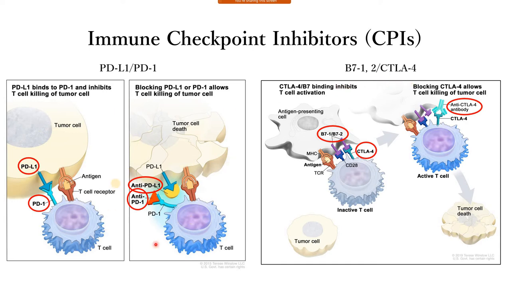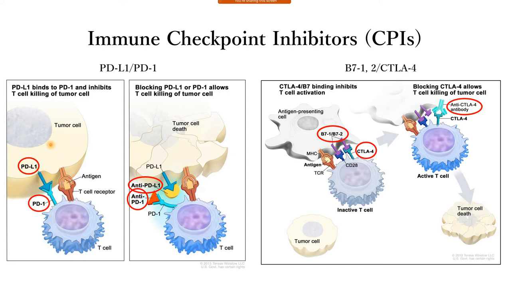The left panel shows the interaction between tumor cell and T cells. The T cell is trying to kill the tumor cells by recognizing the tumor antigen with the T cell receptors. However, there is an inhibitory signaling, which is PD-L1, PD-1.